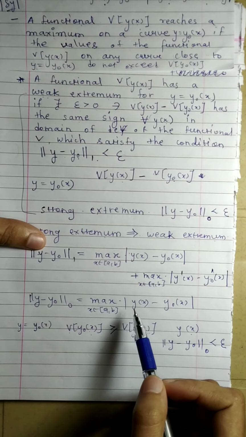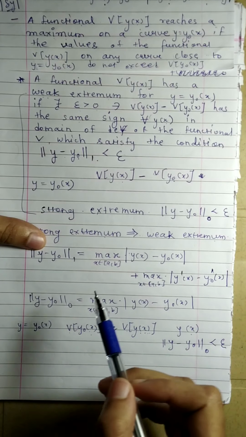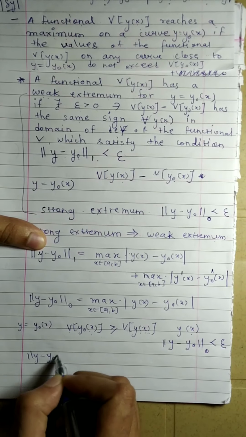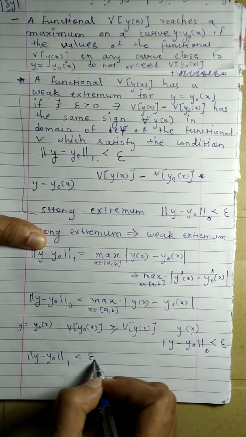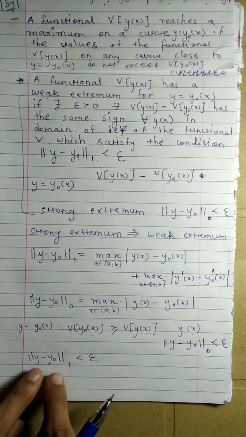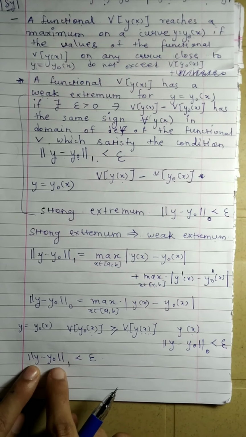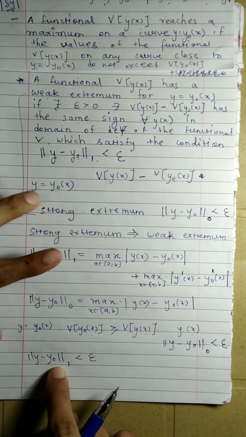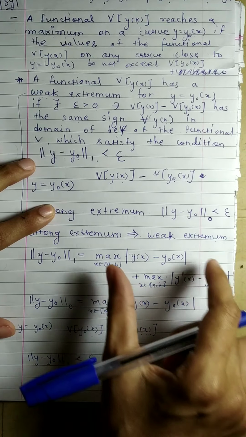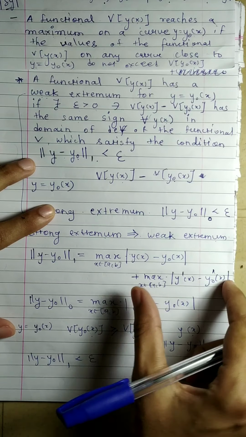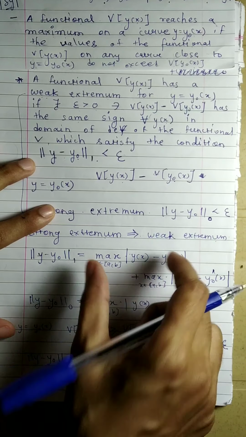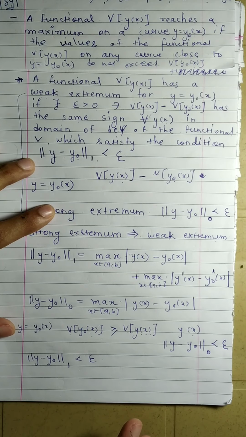That means this quantity is less than epsilon, this plus this. If this plus this is less than epsilon, is it true that this quantity is less than epsilon?